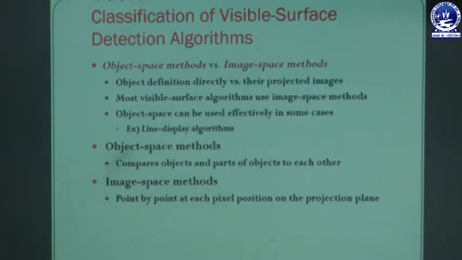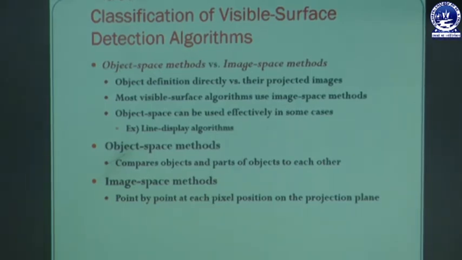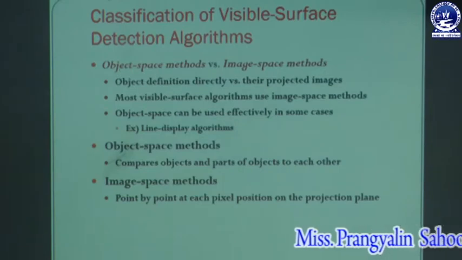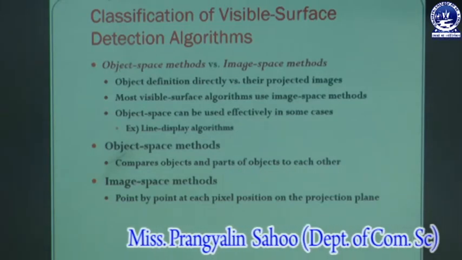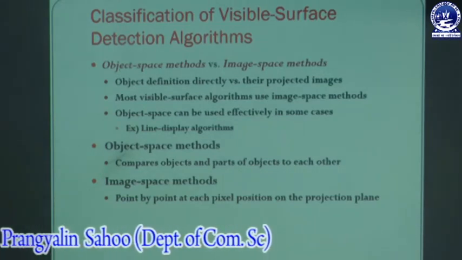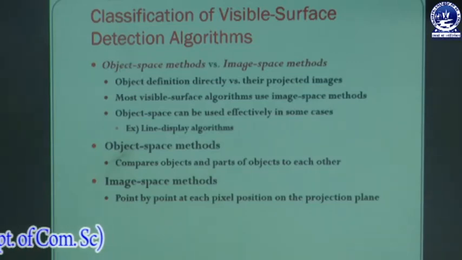Okay, that means in the case of object space methods, the surface detection techniques compare the objects and parts of objects to each other within the scene definition to determine which surface as a whole, or maybe the partial portions, is visible in the output scene.